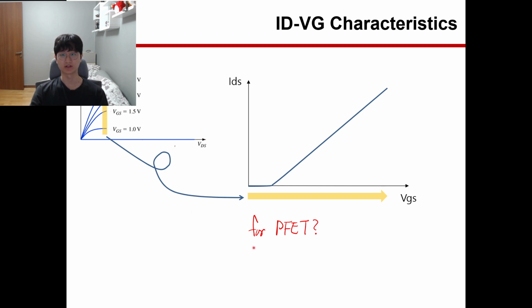And this is the ID-VD characteristic of an N FET. For a P FET, the ID-VD characteristic can be drawn like this.